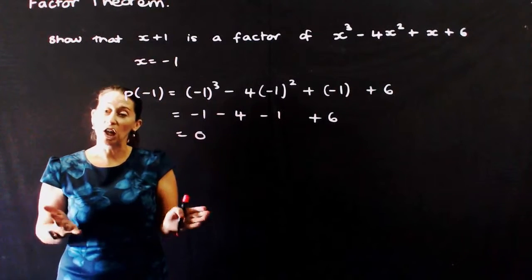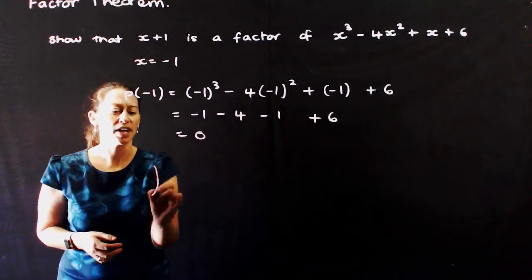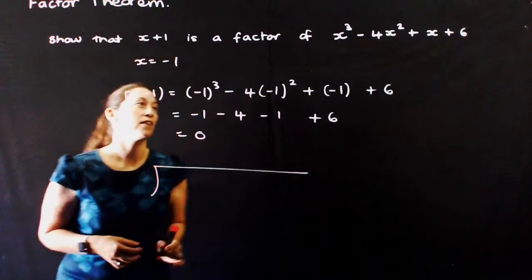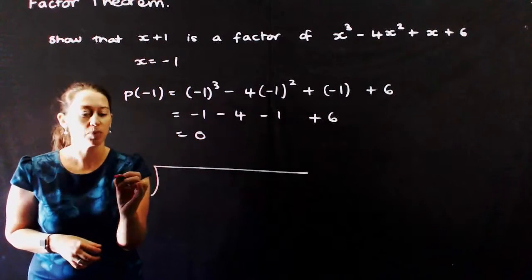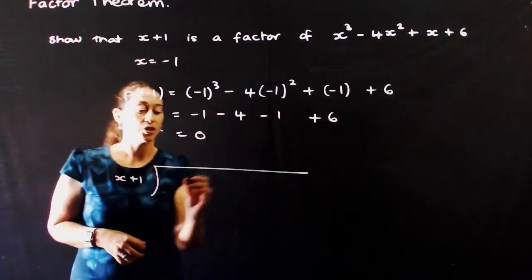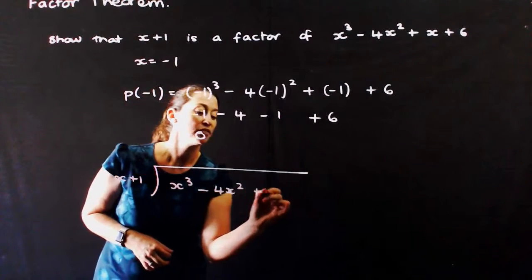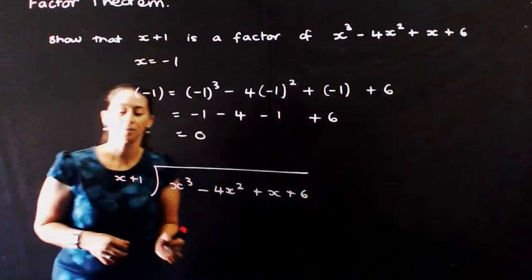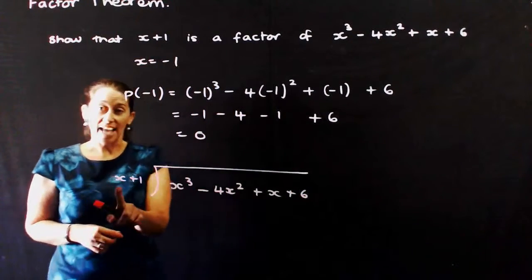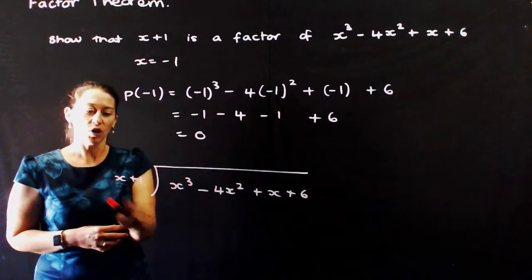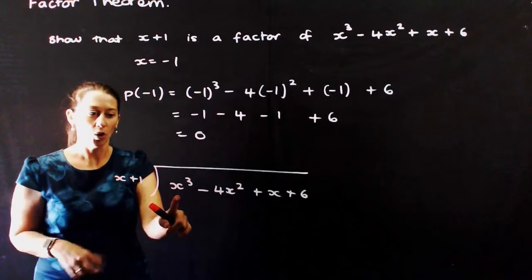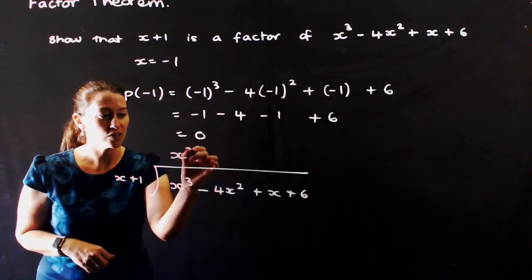So I'm going to do my long division to find out what the other factors are. Let's divide x plus 1 into x cubed minus 4x squared plus x plus 6. We take the x and we say, can we divide x cubed by x? Wholly, yes we can. It gives us x squared.